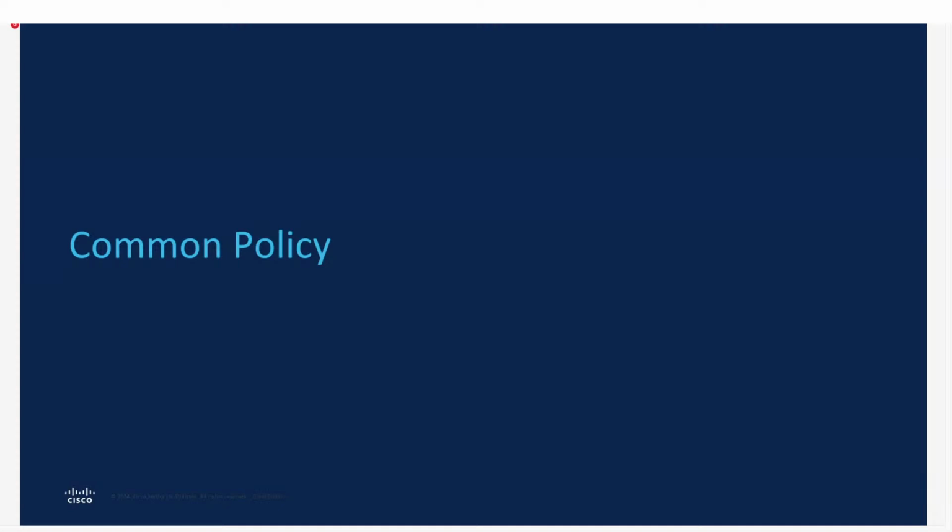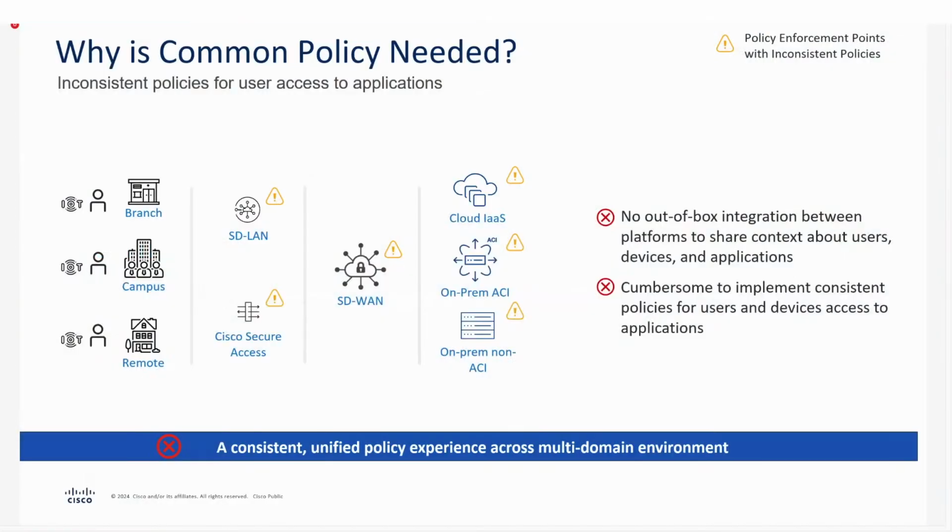So now we're going to move on to another feature that was announced at Cisco Live, and this is common policy. And what is common policy basically, and why do we need it? Well, every technology that we have at Cisco has a different way of creating policies.